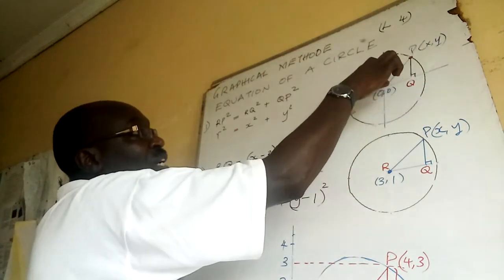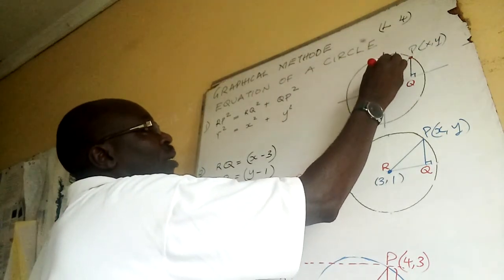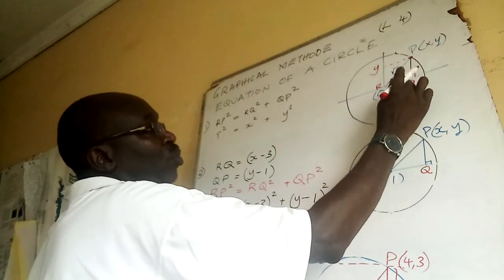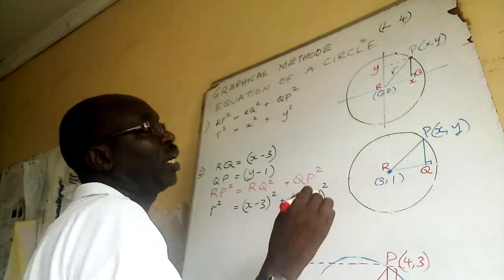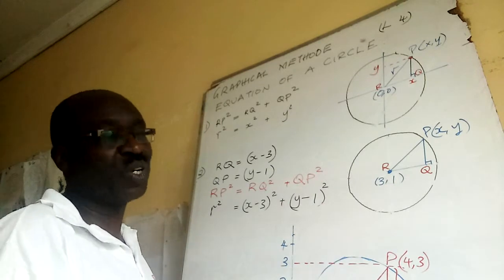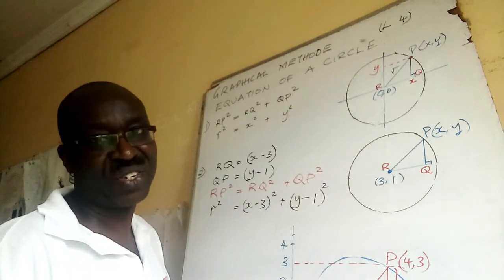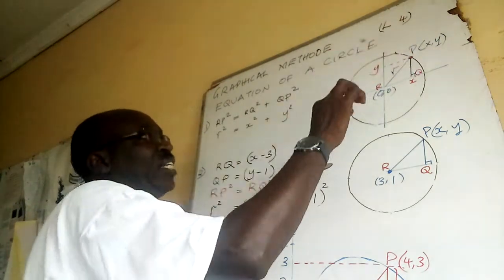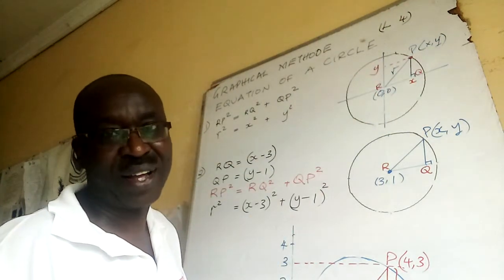And this level is y. Let us put the letter Q here, and this would be x. So to get this length is x minus 0, which is x. To get this height, it is y minus 0, which is y.